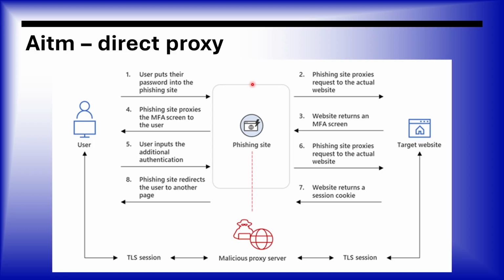So what the user sees on the actual screen, they see a real Microsoft logon because it is a real Microsoft logon. They just don't realize that it's going through, calling it proxied, through a phishing website. So the domain they see on top is not Microsoft, it'll be a phishing website, but visually what they see on the screen is really Microsoft.